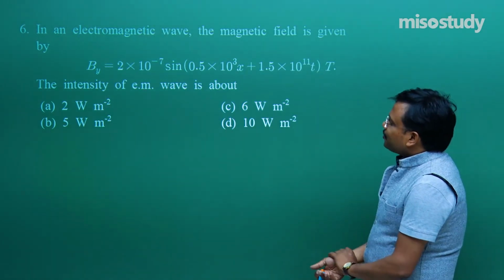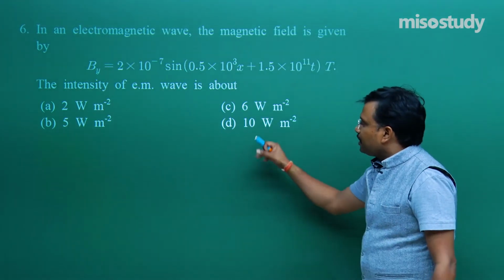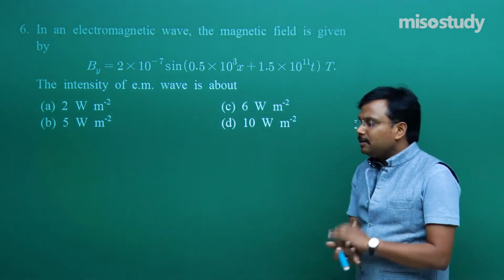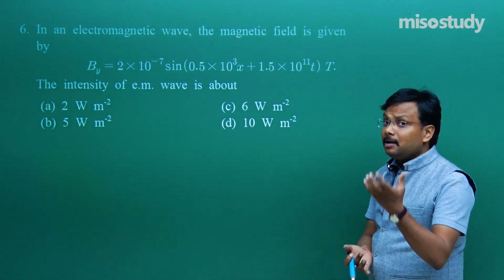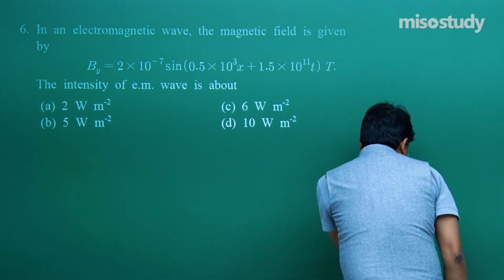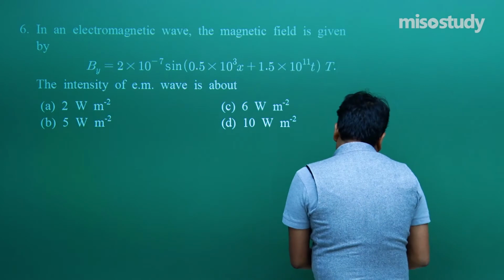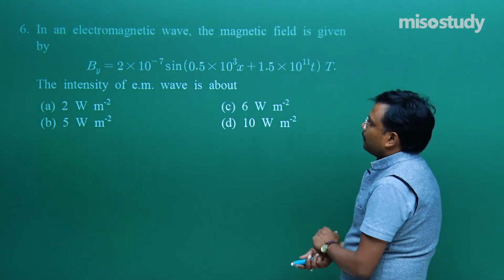What is the intensity of the electromagnetic wave? The options are near about 6, 10, 5 or 2, so they are trying to find out what exactly the intensity of the electromagnetic wave is. Obviously the formula is required for the understanding. Fine, and only then will we be able to find the correct option.